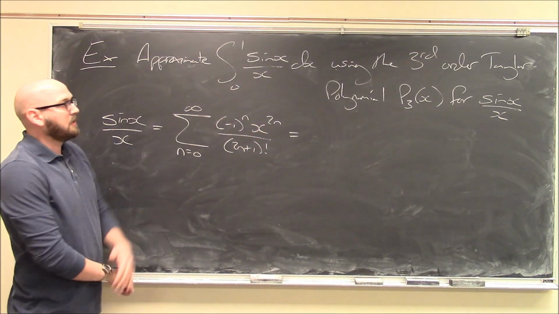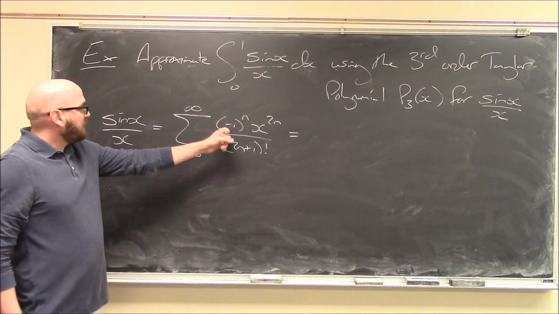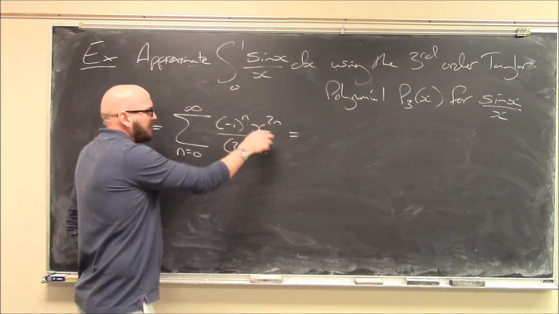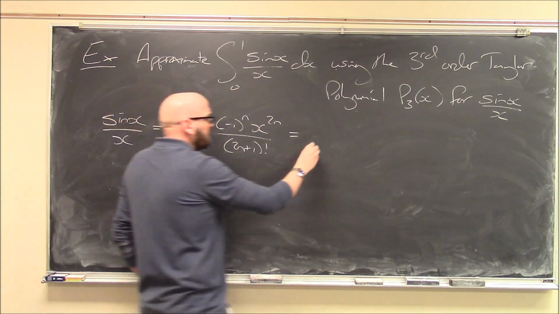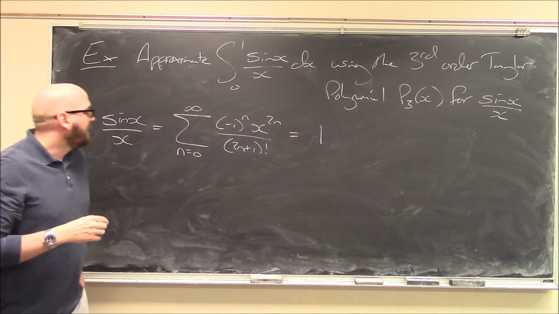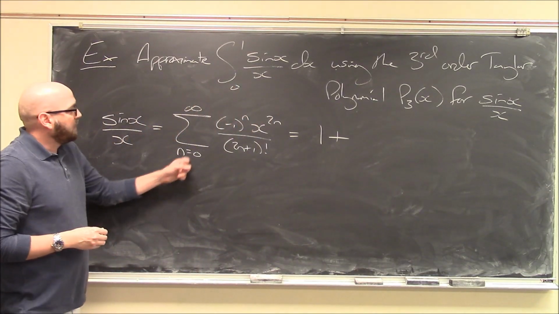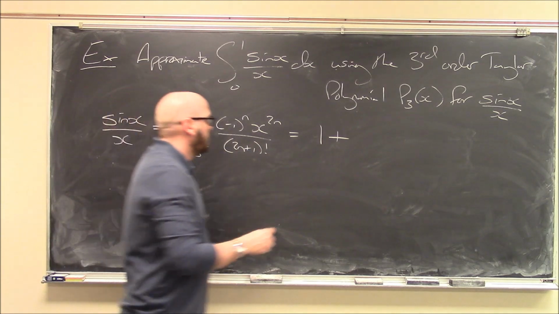That is the third order Taylor polynomial. So if n is 0, I have just 1 times 1 over 1 factorial, so just 1. n is 1, I've got minus x squared over 3 factorial.